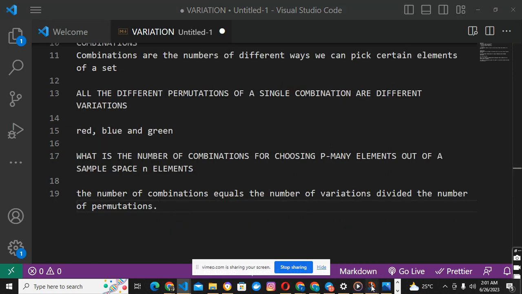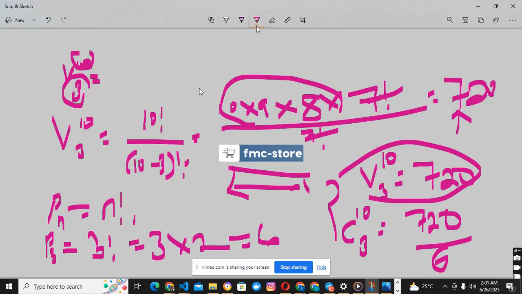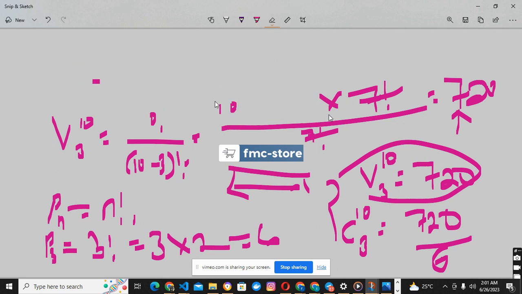Let me write it down. This is what we're trying to say in essence. Let me clean this up so that I can differentiate.